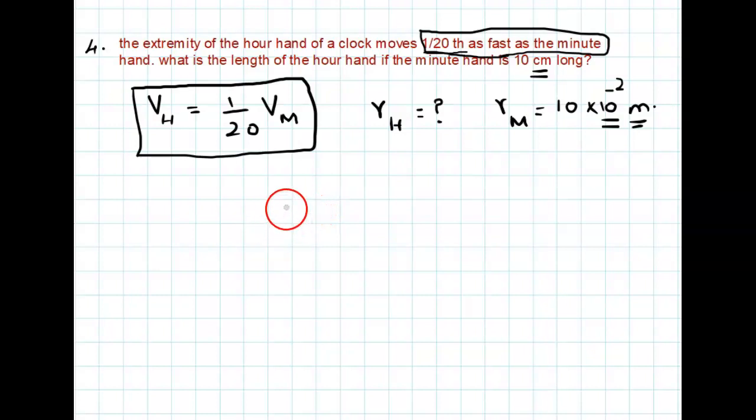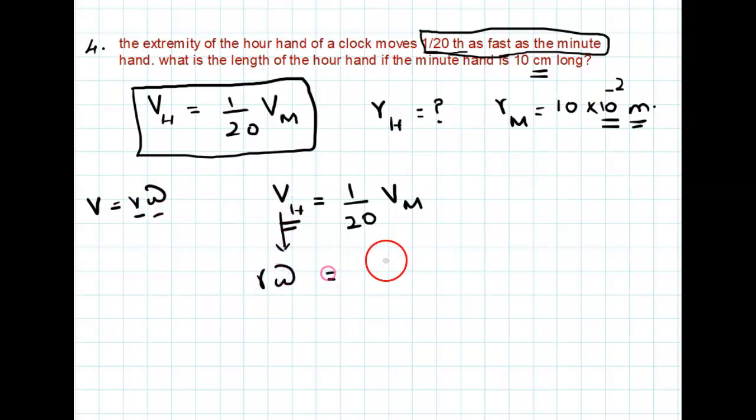So we know here the VH, that is the linear velocity of the hour hand, is equal to 1/20th times as fast as the minute hand. So we know the formula of linear velocity is equal to r omega. So that we are going to substitute here.